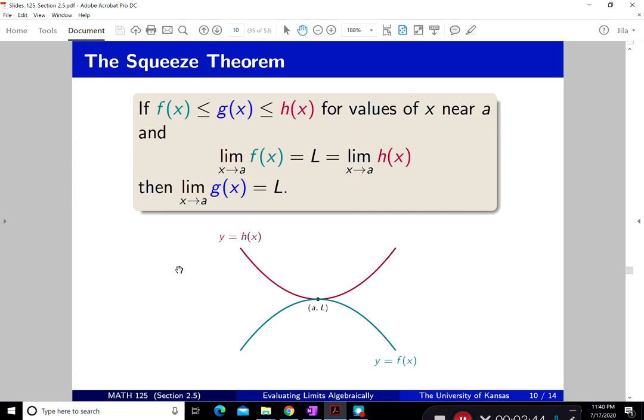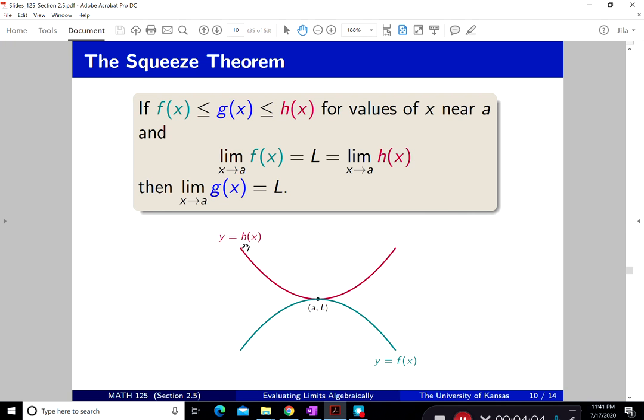When we're trying to discuss functions that are bounded, but they wiggle around a lot. That's basically one of the best ways to find the limit for those types of functions.